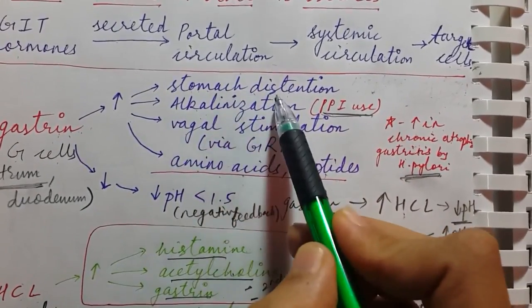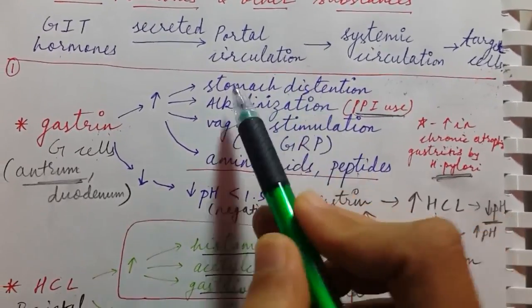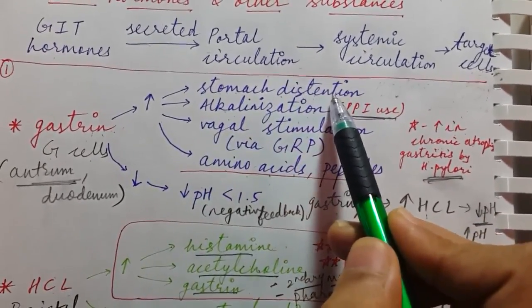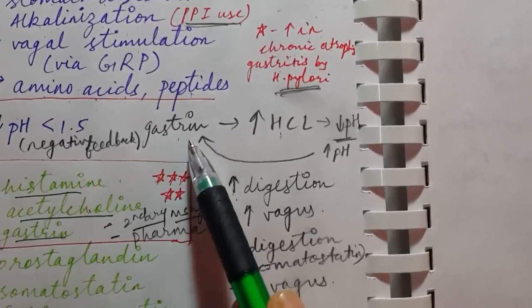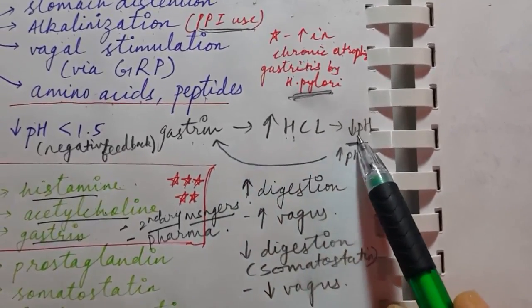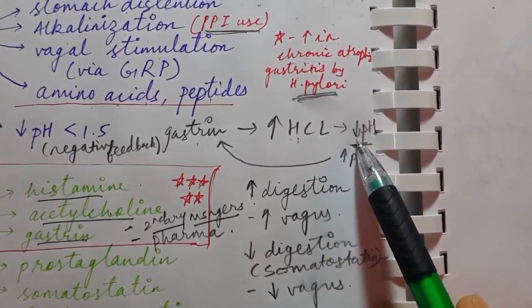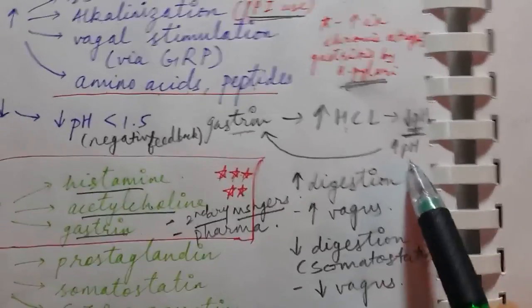The first thing is stomach distension, and you don't need to know the exact mechanism of how it works. Just remember it's due to stomach distension. The second one is alkalinization. The main aim of gastrin is to increase HCl, which will decrease the pH. So whenever there is a decrease in pH, gastrin will be inhibited, and vice versa.